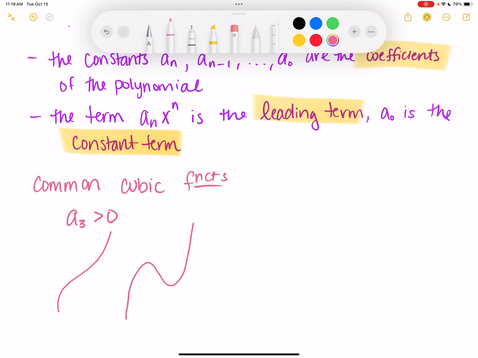A cubic function turns around twice. If a sub 3 is less than 0, meaning it's negative, it's essentially reflected. So it would look something like this, or it could be more drastic and look something like this.